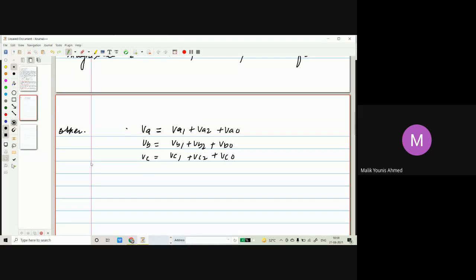Now how can we represent in a phasor diagram the positive sequence? You can represent it like this. One phase will be like this.